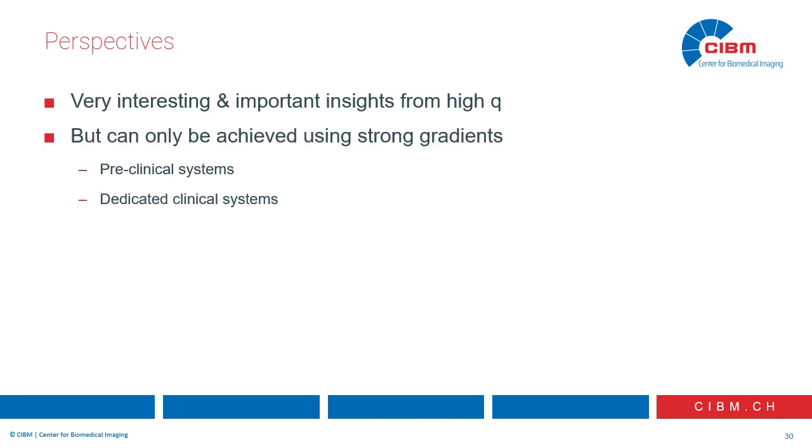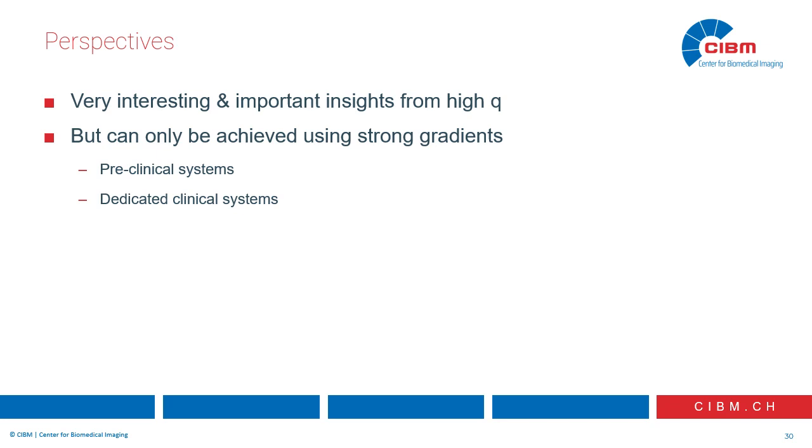And for the future, well, I think we can agree that we can get very interesting and important insights from going to high Q, but unfortunately, high Q only means, of course, ultra strong gradients, which can only be achieved on preclinical systems or on very dedicated clinical systems, such as the connectome scanners.